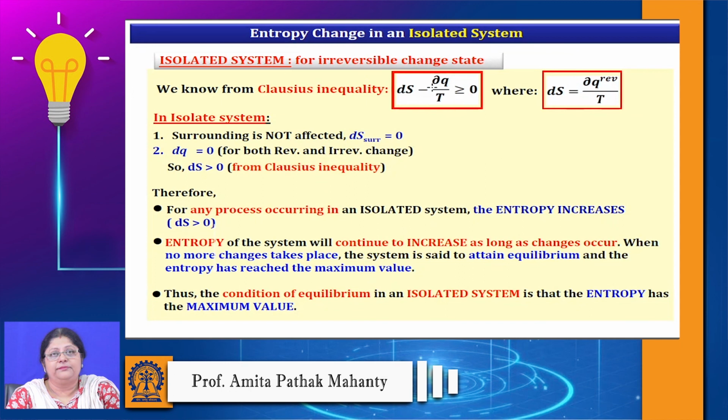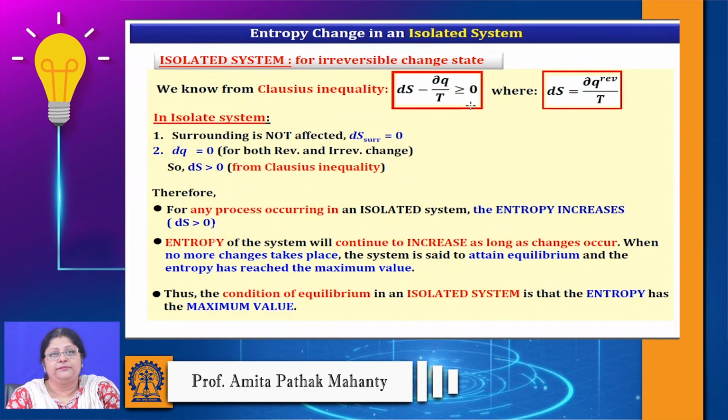So if I want to substitute here, what do I get? If I substitute dq reversible by T plus dq irreversible by T, we might get dq irreversible by T greater than or equal to 0. But that is not what we mean. What we mean is dq irreversible by T will be less than 0. Sorry, we have a minus sign also, so the inequality will change.